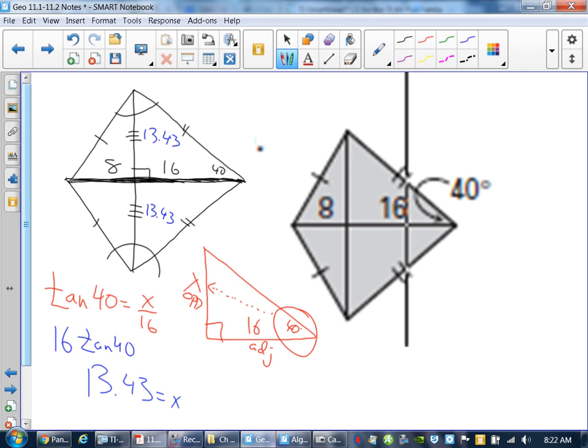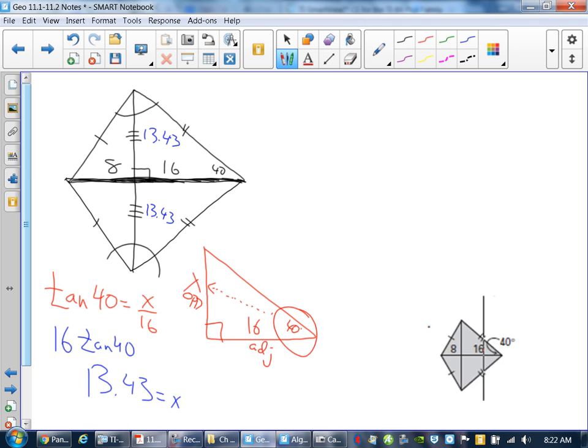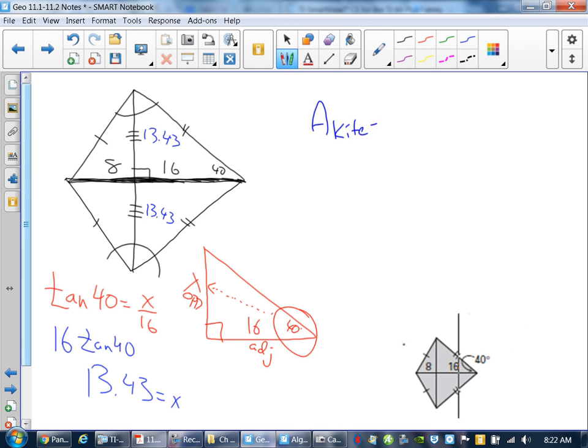So finally, after you go through your trig, you can go ahead and use the formula for the kite. The area of the kite is one half diagonal 1 times diagonal 2.